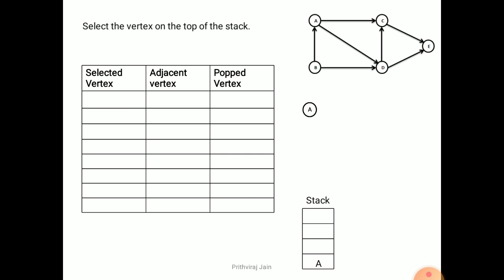Second step is to select the vertex on the top of the stack. Now on the top of the stack we have A, so the first selected vertex is A. Then visit the adjacent vertex of the selected vertex, if it is not visited, and push that vertex onto the top of the stack.